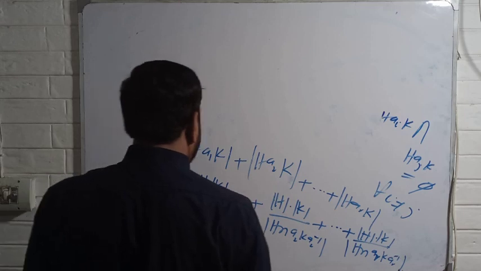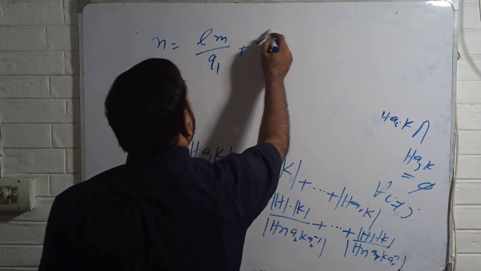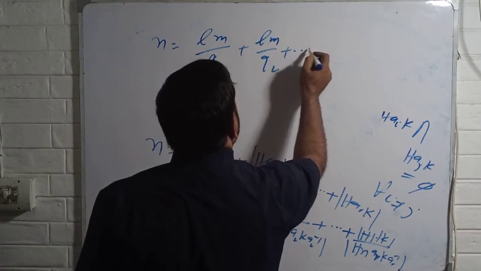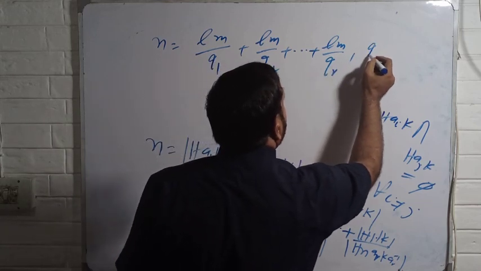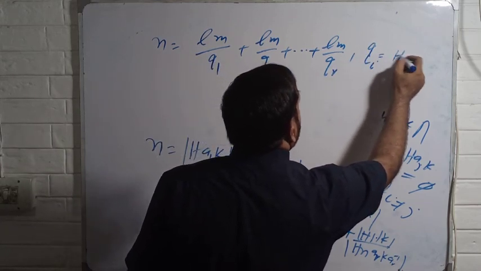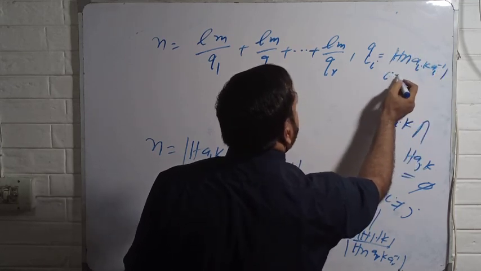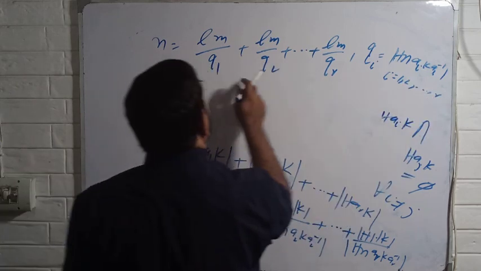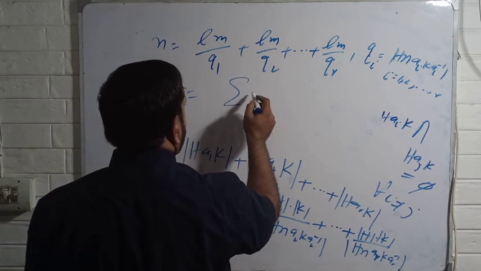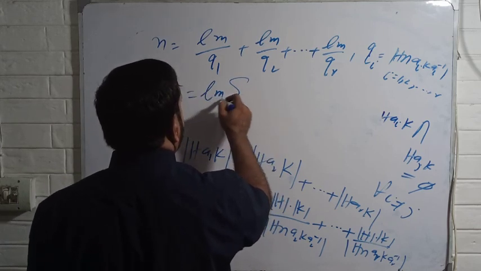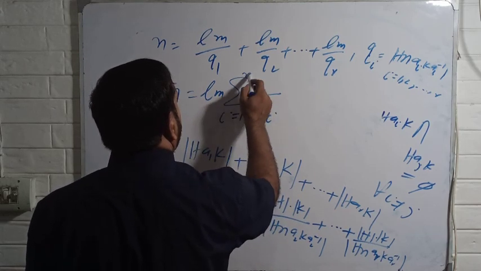So N is equal to LM by Q1 plus LM by Q2 plus and so on plus LM by QR, where of course Qi is equal to the order of H intersection Ai K Ai inverse, i from 1 to R, and this further can be expressed as N equal to the summation of LM times 1 over Qi, i from 1 to R.